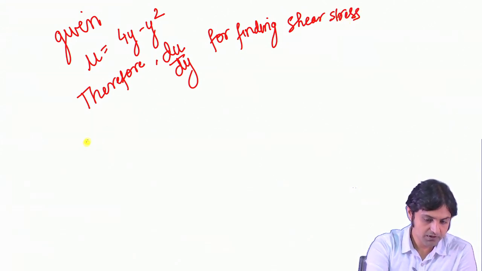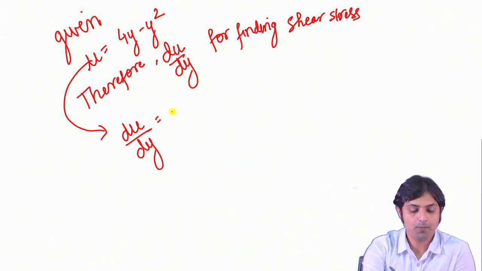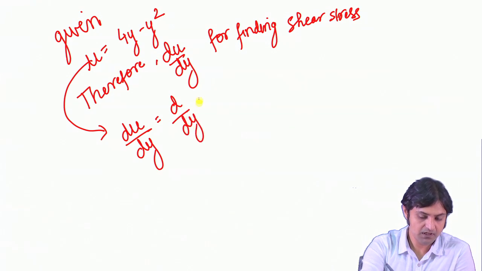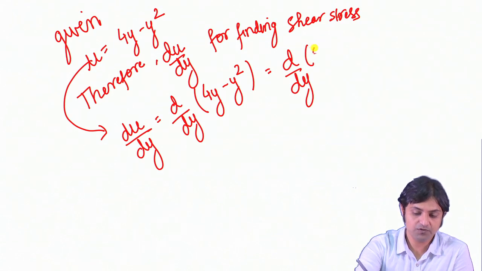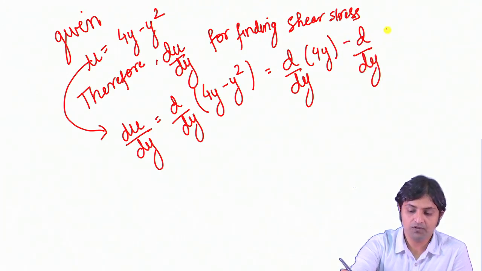This is very important. So using this equation here, if you do du by dy, going to the basic differential mathematics, it will be d dy of 4y minus y square. I am going very slow for this one because I am not sure if it is too obvious for you.